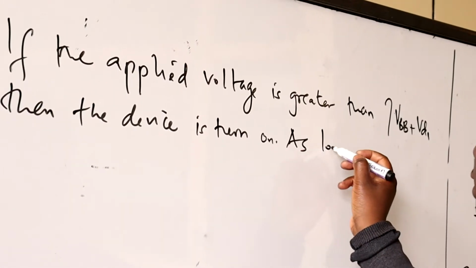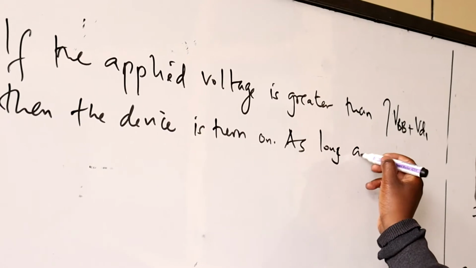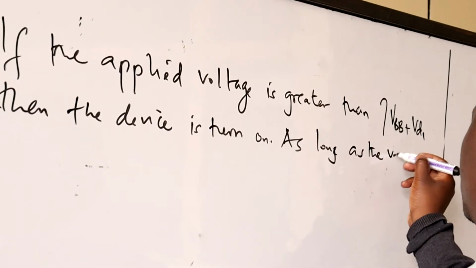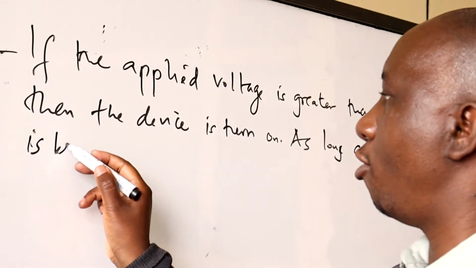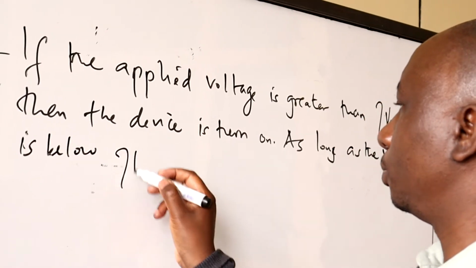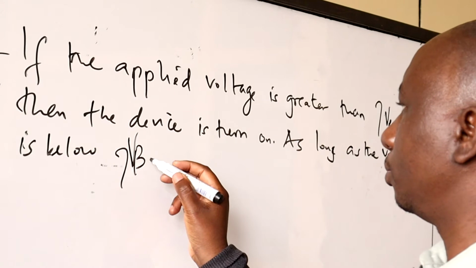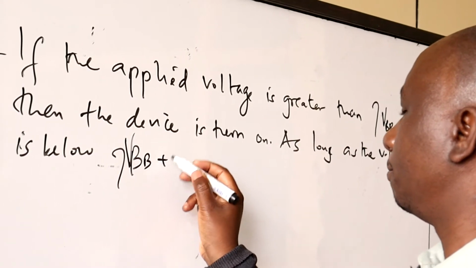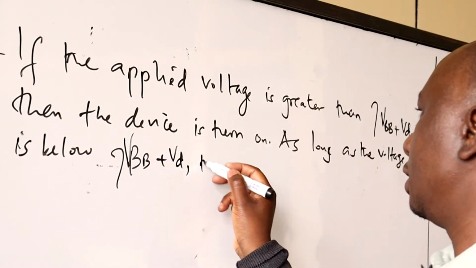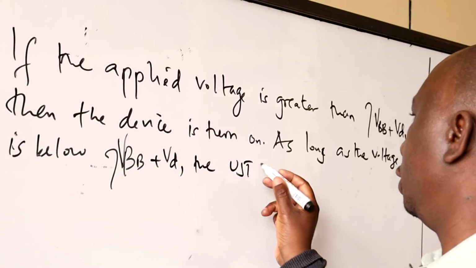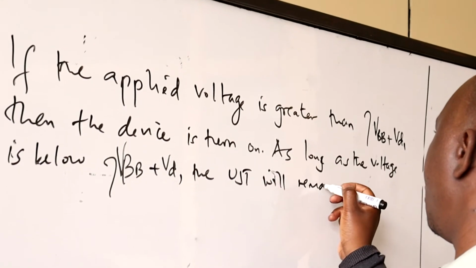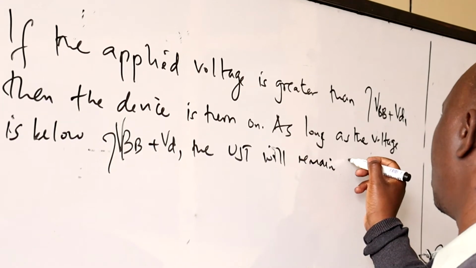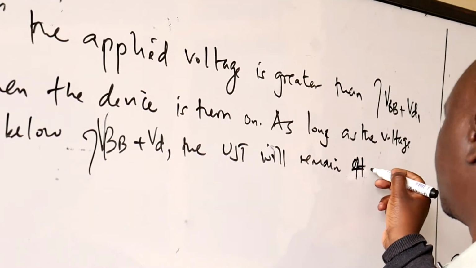So as long as the voltage is below that, the UJT will remain off.